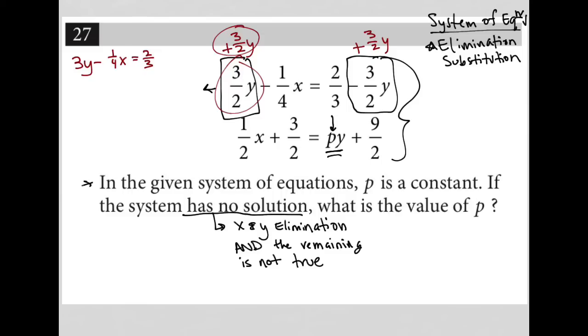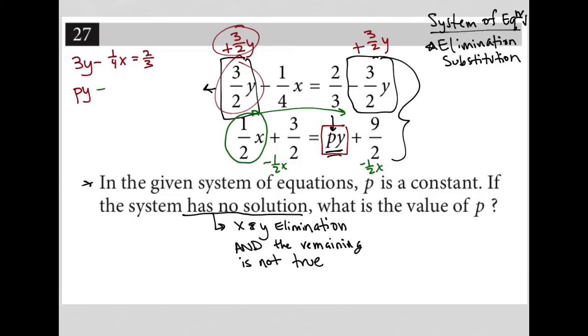And then for the bottom equation, I want it to be in the same exact order. So I'm going to start off with my positive py. So I'm going to put that under here. And now I want my x term over. So that means I need to, I'll use a different color, bring this 1/2 x over to the right-hand side. In order to do that, I'd have to subtract 1/2 x from both sides.